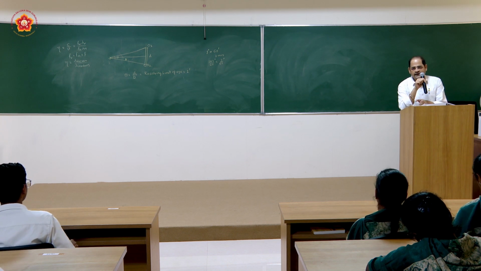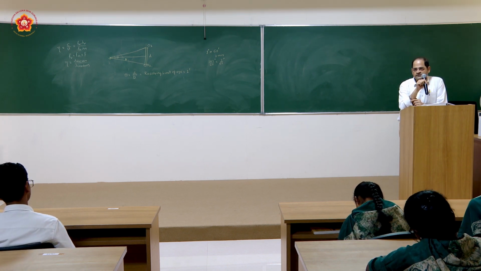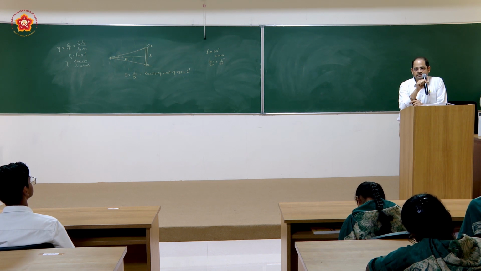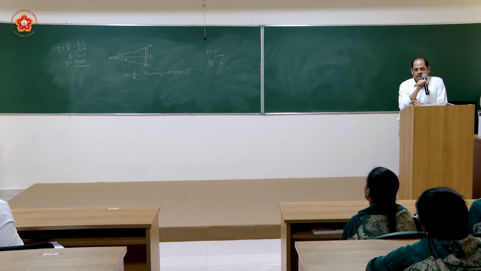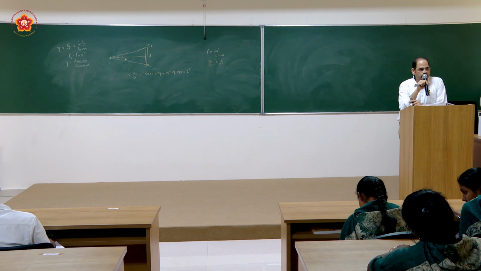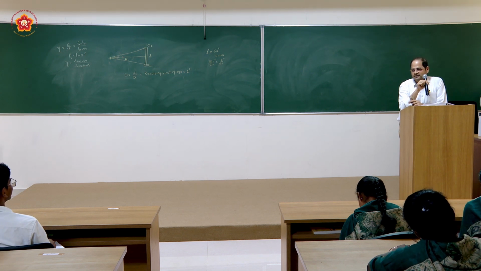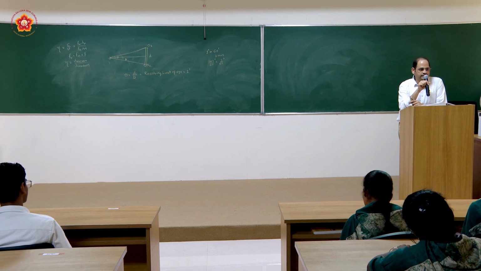And divide that 1 degree angle into 60 equal parts. 60 equal parts. Can you see every small part of it? That is the resolving limit of an eye.